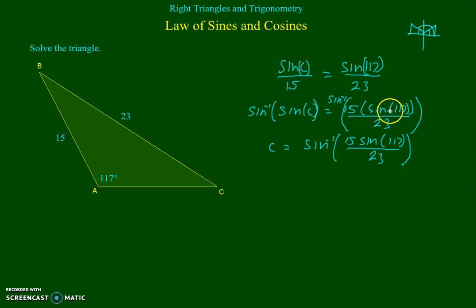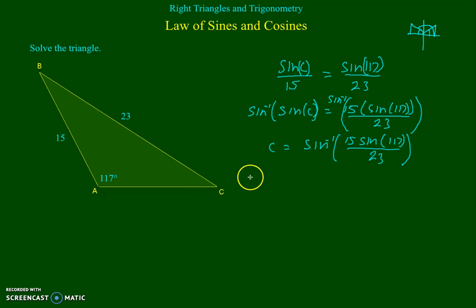The problem is that the domain of arcsine is negative 90 degrees to positive 90 degrees. So we would only be able to get an angle between 0 and 90 from the arcsine, or a ratio that gives us an angle between 0 and 90.